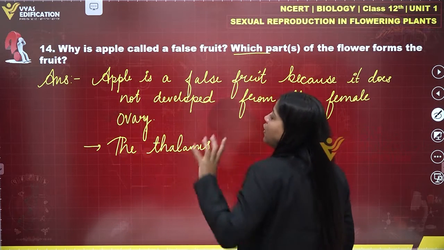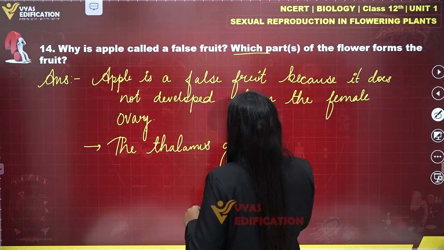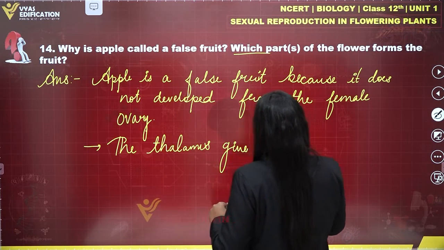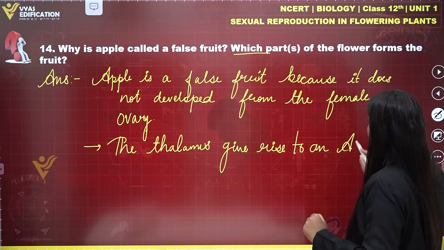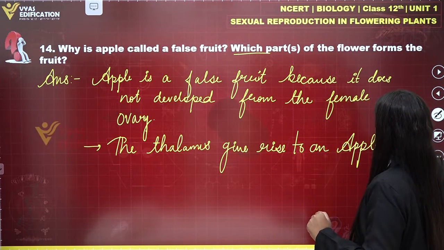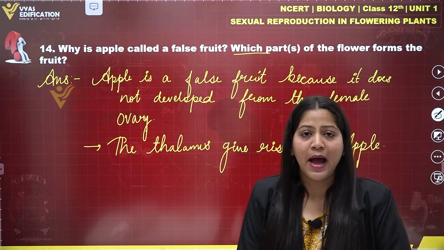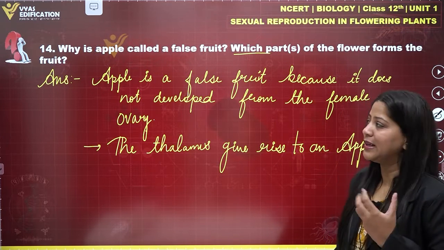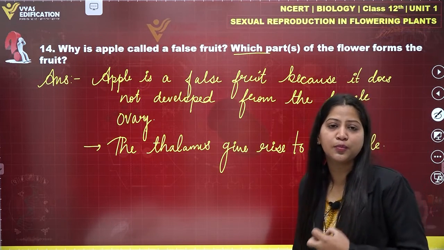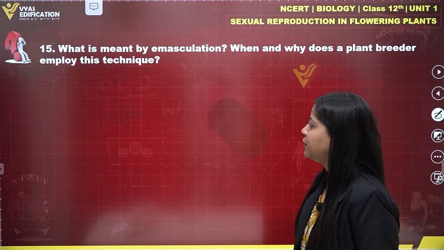But in the case of the false fruit apple, the thalamus gives rise to the apple. So this is the complete answer of question number 14. Now let's talk about question number 15.